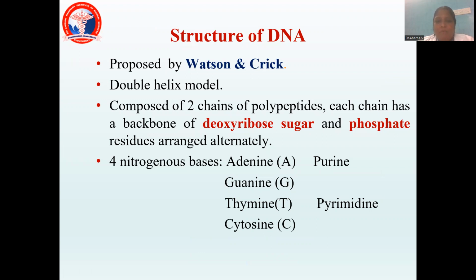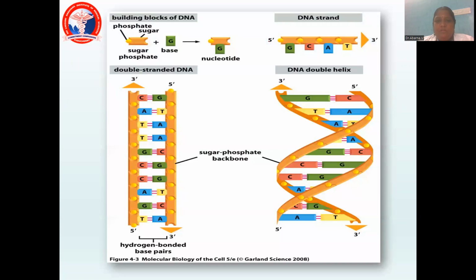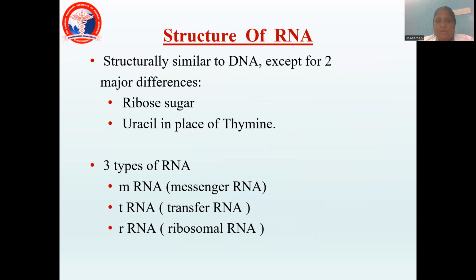Each chain has a backbone of deoxyribose sugar and phosphate residues arranged alternatively. The four nitrogenous bases in DNA are two purines, adenine and guanine, and two pyrimidines, thymine and cytosine. So this is a double helix model with alternating bases.